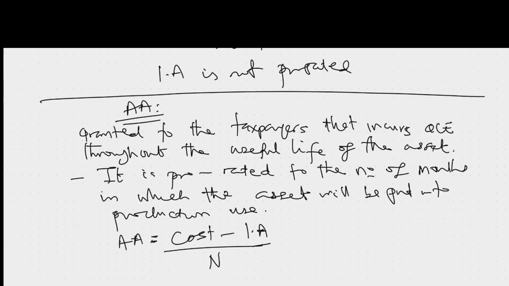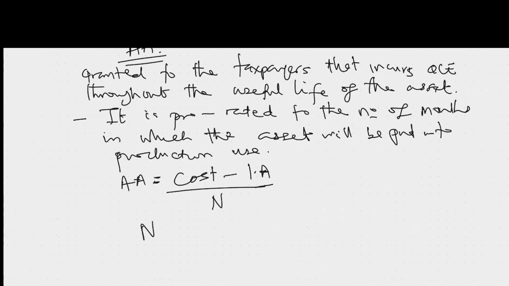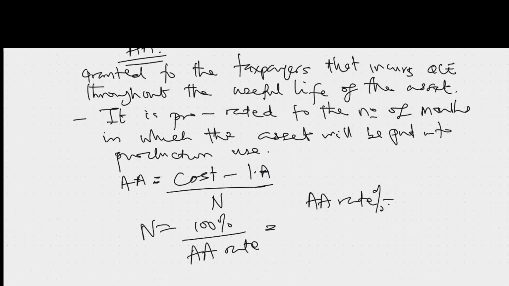How do you calculate your N? Your N is 100% divided by annual allowance rates. So if your annual allowance rate in percentage is 25%, N will be 4 years.